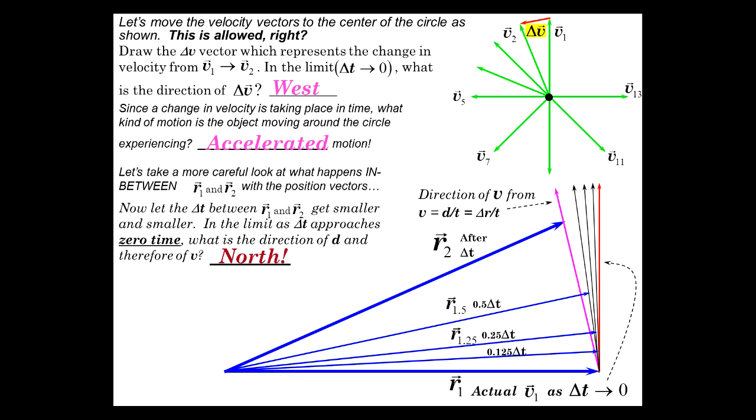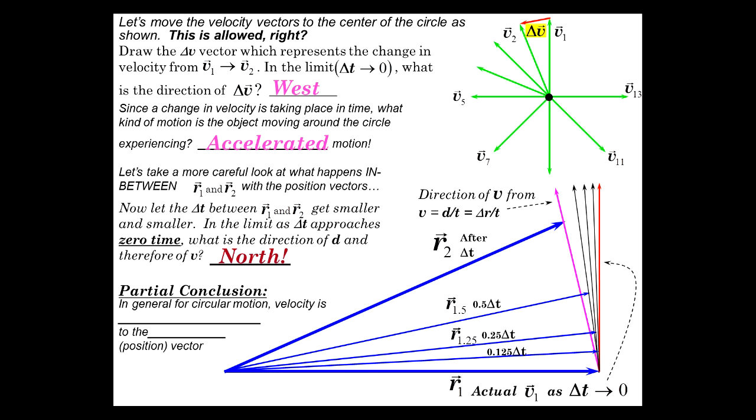And you can see as we reduce the time, this second vector is getting closer and closer to the first one, and when it's infinitesimally close, the displacement, and therefore the average velocity, which becomes the instantaneous velocity, is perpendicular. All right, so our partial conclusion at this point is that for circular motion, velocity is perpendicular to the radius or position vector at that moment.